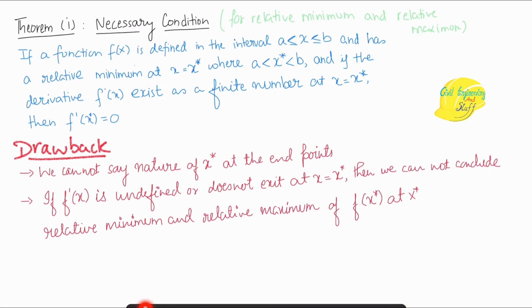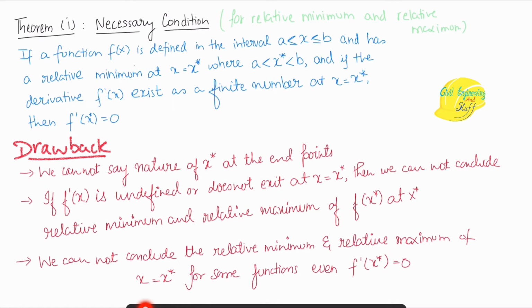If the derivative f dash x does not exist or is undefined at x equal to x star, then we cannot conclude a relative minimum or relative maximum there, and we cannot conclude it even if f dash x star equal to 0.